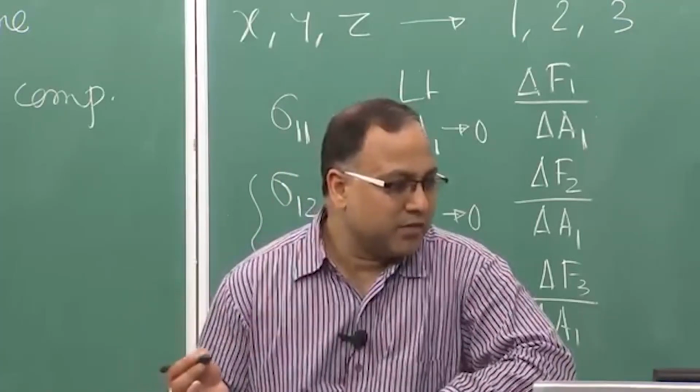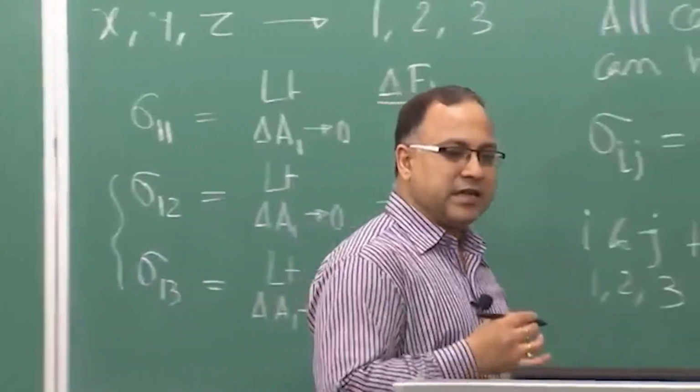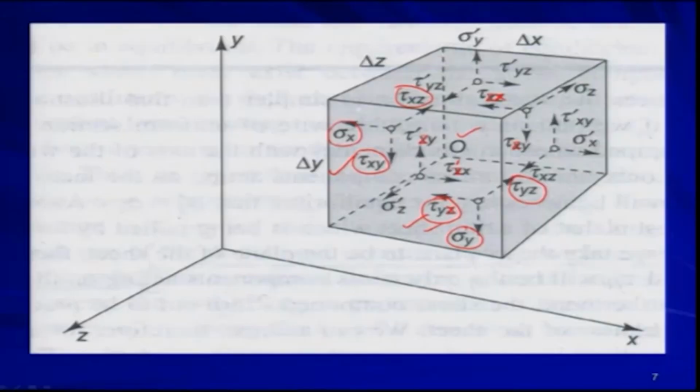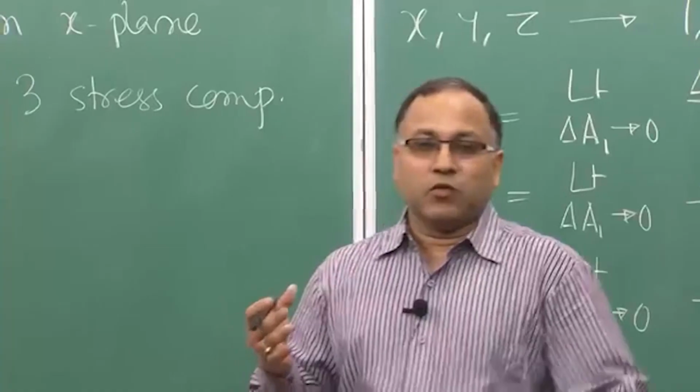Now, you may ask me what is this sigma x prime. On the negative x plane you have sigma x, tau xy and tau xz, but on the positive x plane you have sigma x prime, tau xy prime and tau xz prime, because they will be different. Why will they be different?